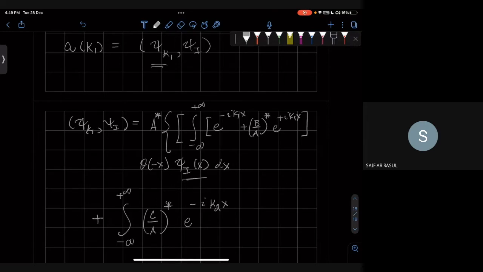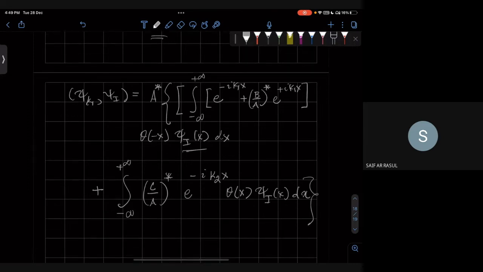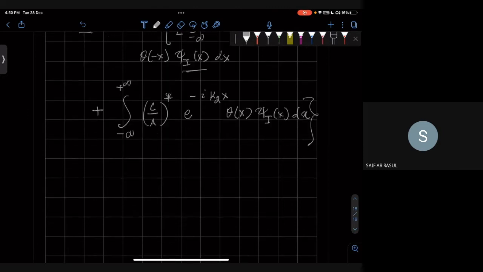We know how to express k2 in terms of k1. Then theta of x, psi of x. So this is nothing new here. We are just putting in the value of psi of k1. This is not a very hard integral to evaluate.